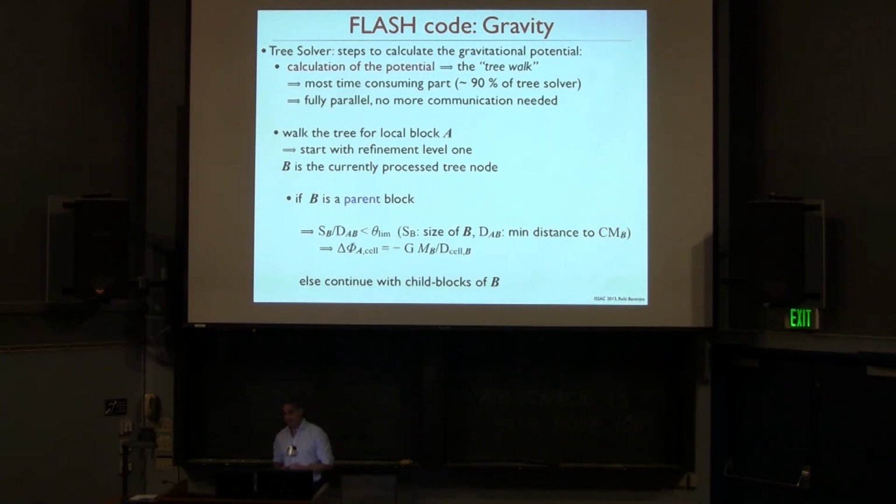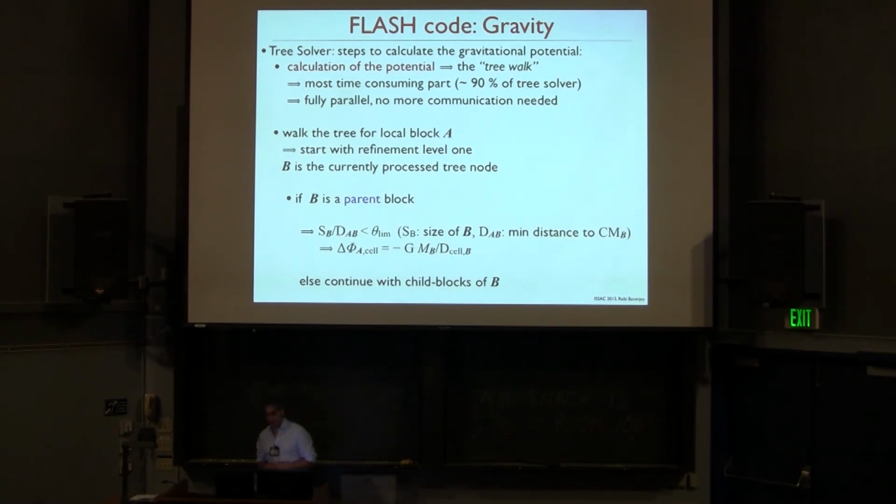This information is then available on all CPUs, and then what you have to do is what is called walking the tree, so calculating the gravitational potential. This is what costs most of the computational time, about 90%. But at this point it is fully parallel. No communication is necessary anymore, because this was done in the previous steps.